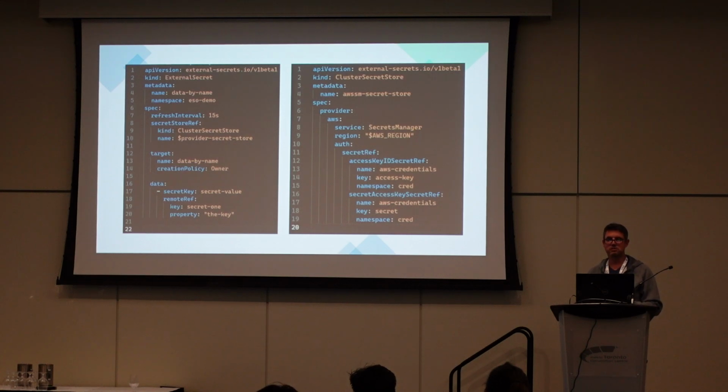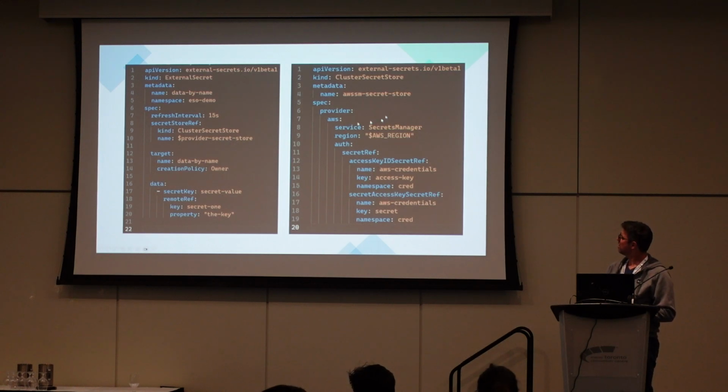The difference between a SecretStore and ClusterSecretStore is obviously that the ClusterSecretStore is not namespaced. But basically, I have an external secret, I have a name, I have a namespace. How often do I want it to refresh?